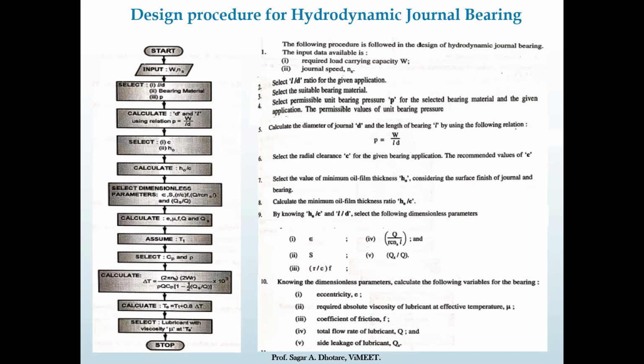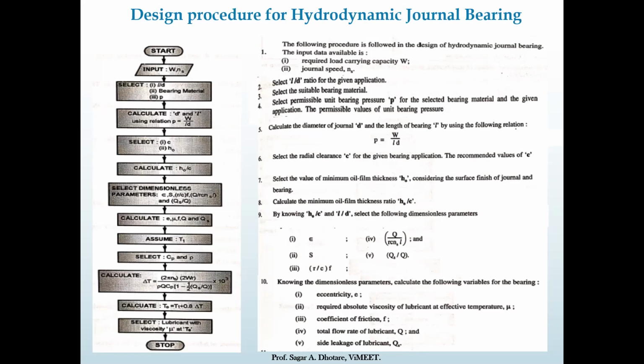After calculating the bearing pressure, you can find the radial clearance using the relevant chart in the PSG data book. After calculating the radial clearance, we calculate the C by r ratio, and based on this we calculate the Sommerfeld number.